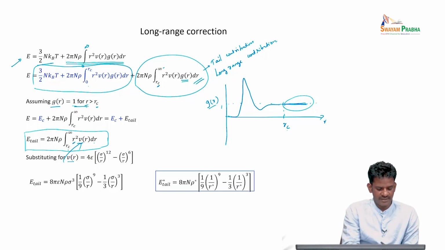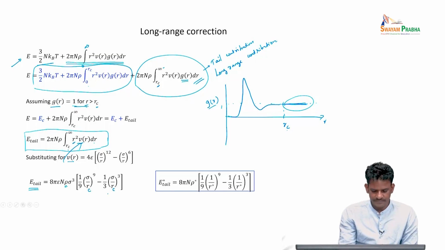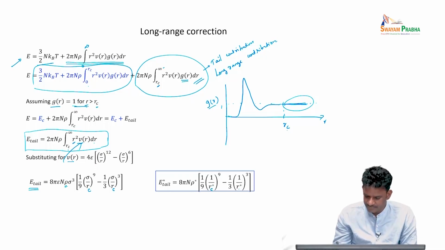You will then see that the tail correction is proportional to the density of the system, and this should be RC here, and these are also RC.